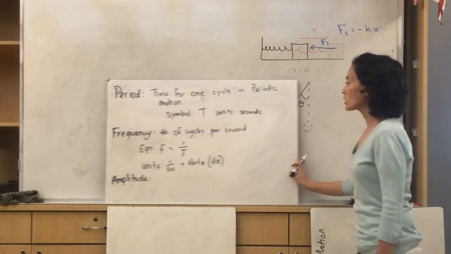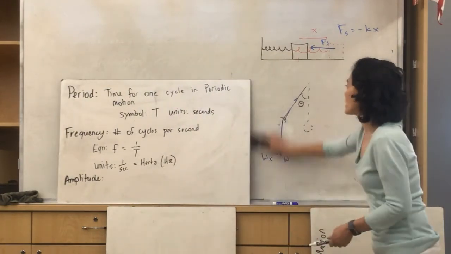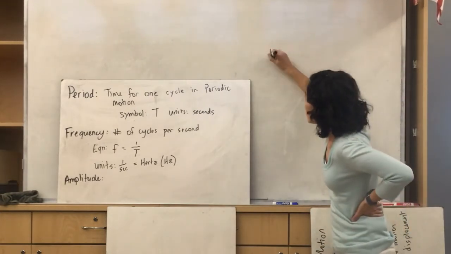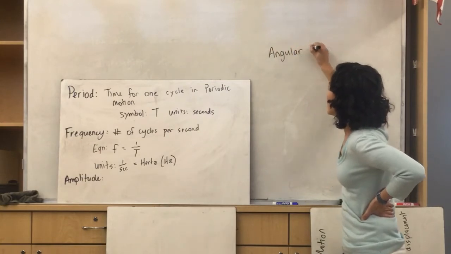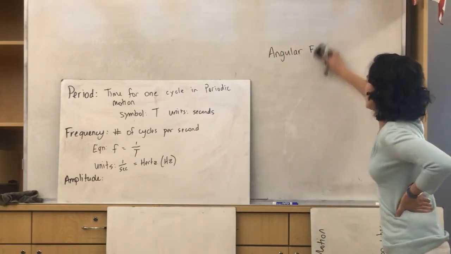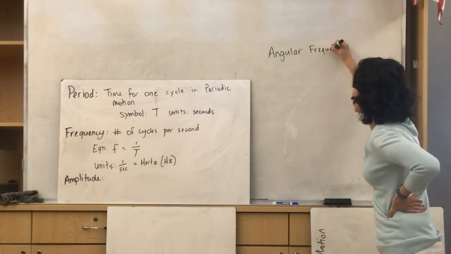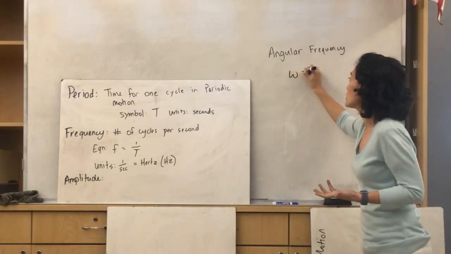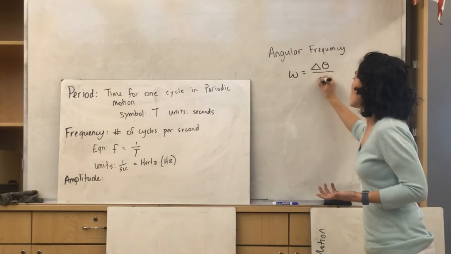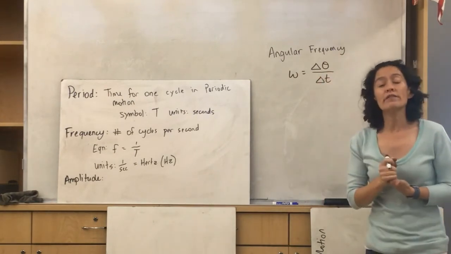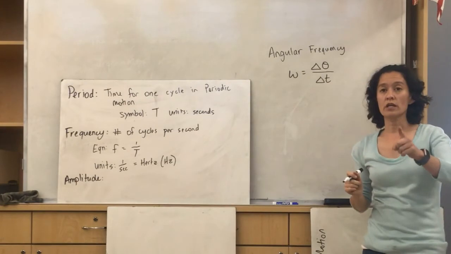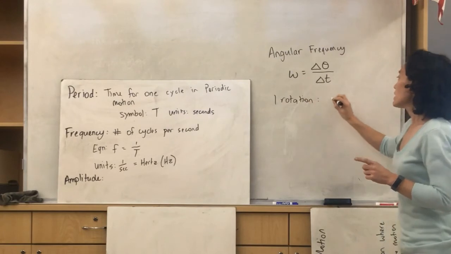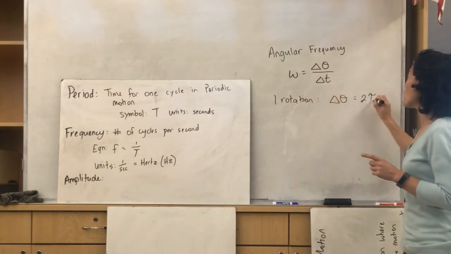There's something else called angular frequency, and I don't have room for it on my board, but I'm going to write it here. I do expect you to write it down. We can think of this as just like there's angular velocity, right? Angular velocity is our change in theta over change in time. Well, if I think about one rotation, for one rotation, my change in theta is 2 pi.